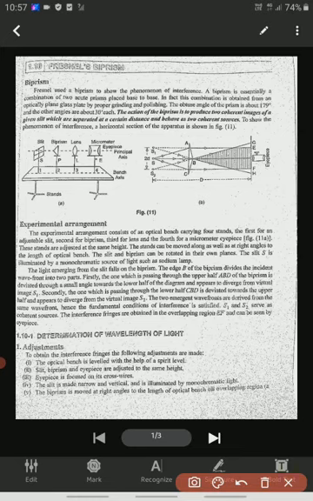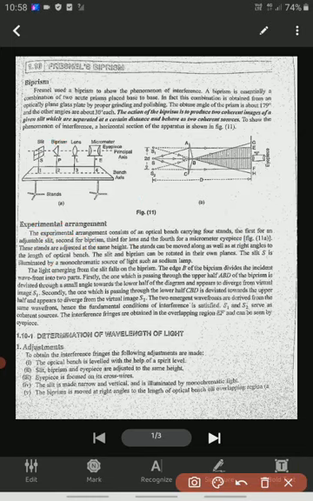When the biprism is illuminated with light, it divides the wavefront into two, producing two coherent sources or two coherent images. This is the main use of the biprism.